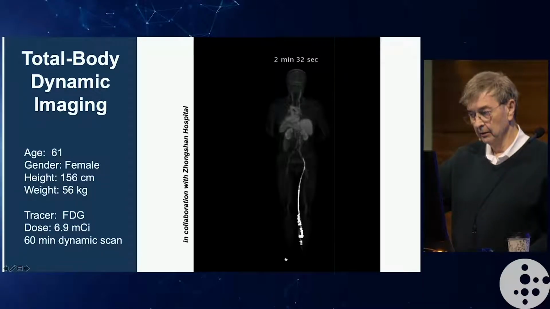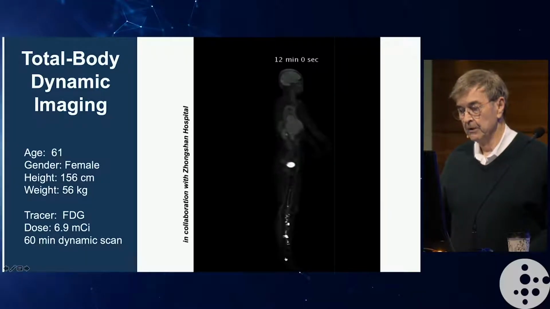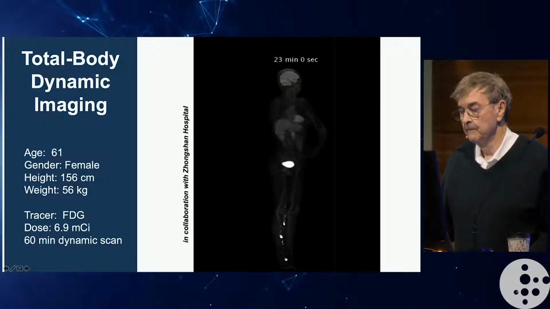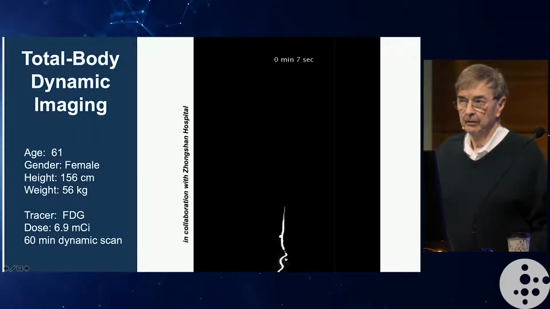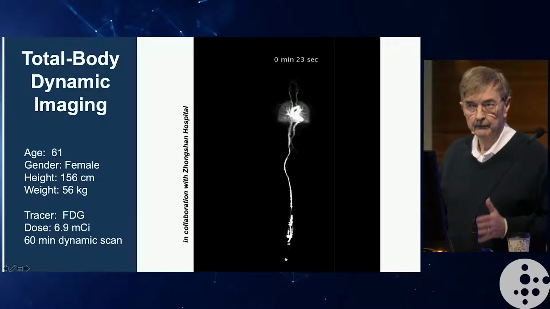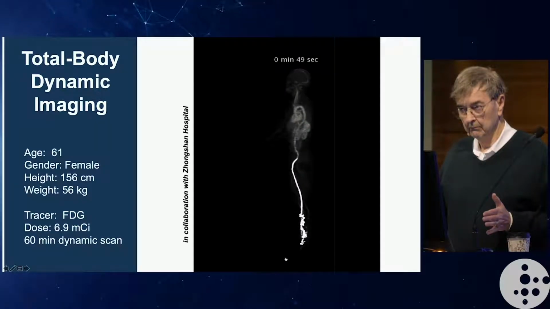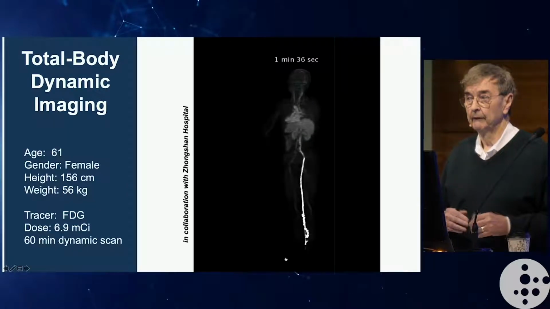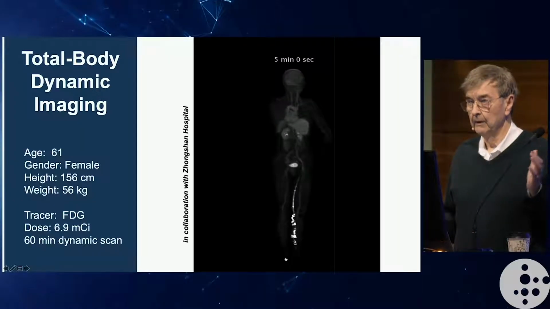It's now in the heart, the liver, the kidneys, moving into the brain. So this builds a new platform technology where one can do the kinetics of biochemistry and biology and pharmacology throughout all the cells of the body.